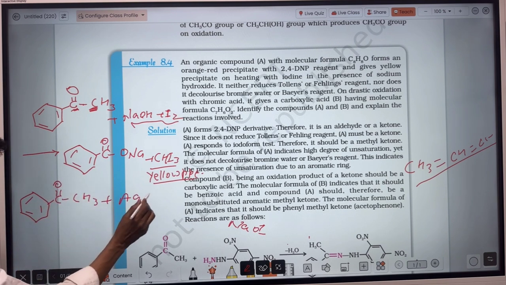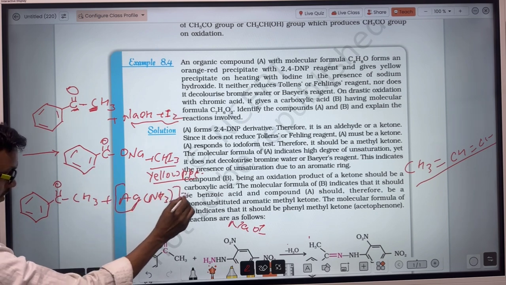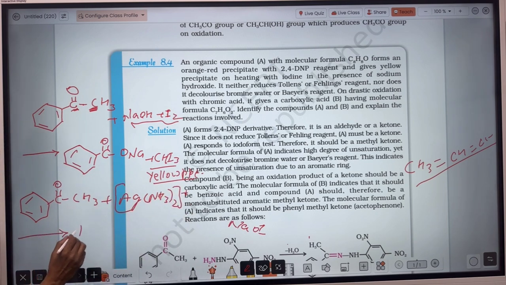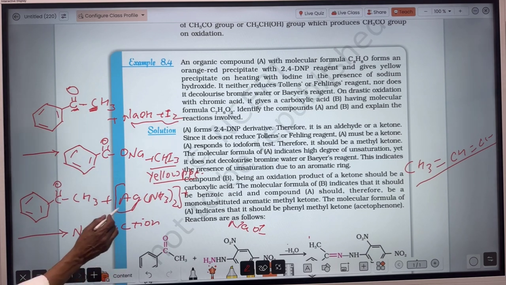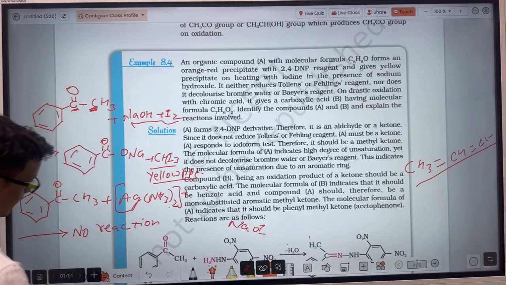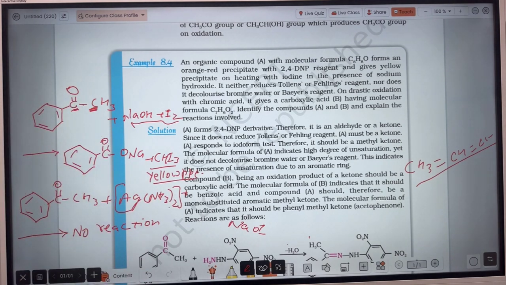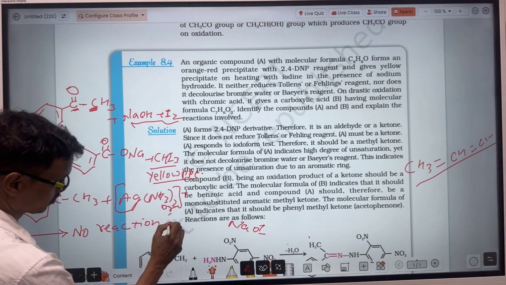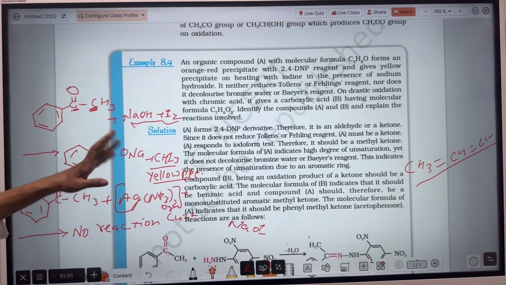It will not react with Tollens reagent, so there will be no reaction. Or with Fehling's solution also, in the same way, in the place of this one you can write Fehling's solution. With Fehling's solution also there will be no reaction, with this Cu2+, no reaction will take place.